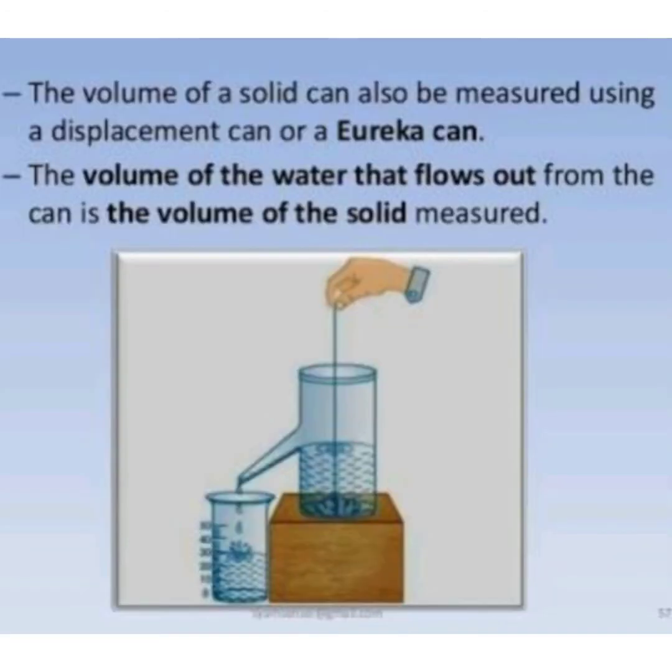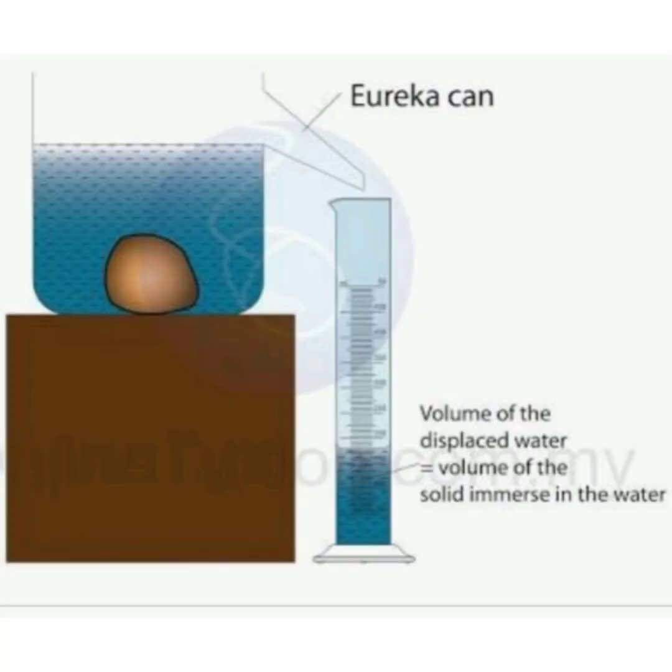Next, to find the volume of the solid, we should use a Eureka can. Fill the Eureka can with water until the water starts to flow out of the spout. Now, take an empty beaker, measure its mass.